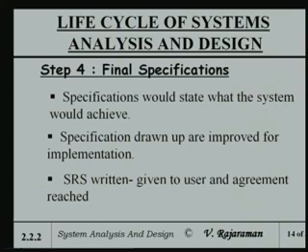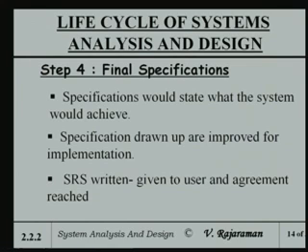Then you drop the final specification. So final specification is something which is signed by both the customer who gives you the requirement. So first SRS, it's called SRS document, final SRS document, final system requirement design document.